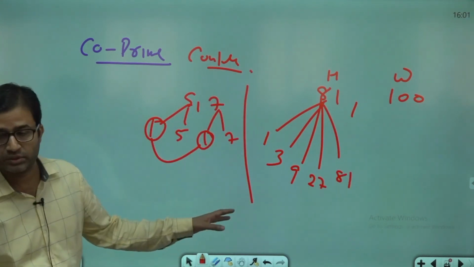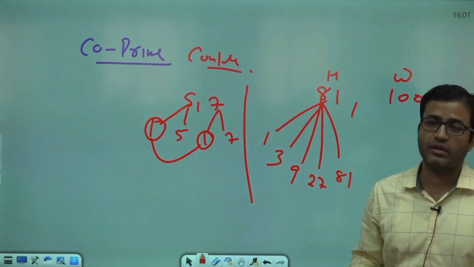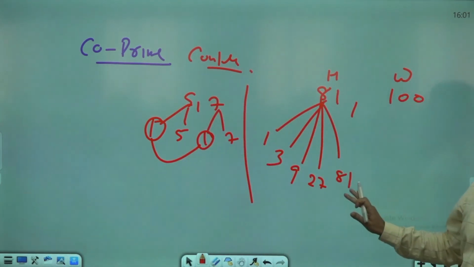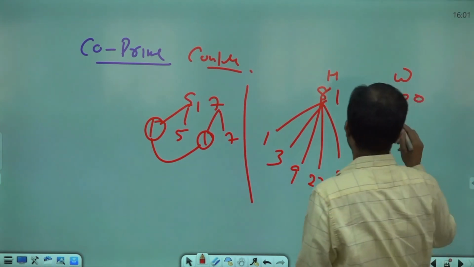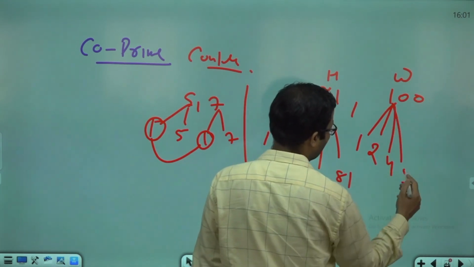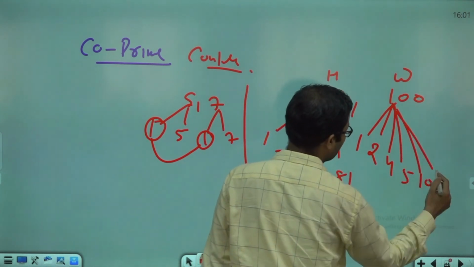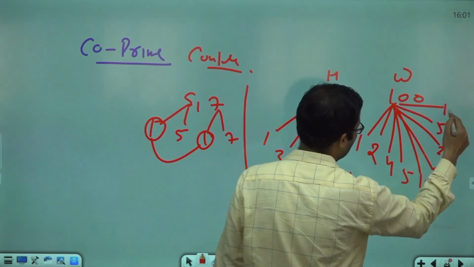Nothing else is left. So these are the relations of this husband. Then the wife says no problem. If you have this many relationships, see my relationships: 1, with 2, with 4, with 5, with 10, with 20, 25, 50, 100 also.